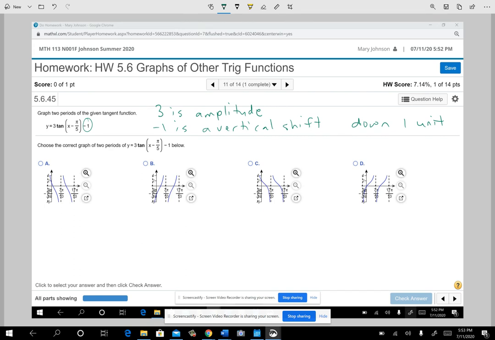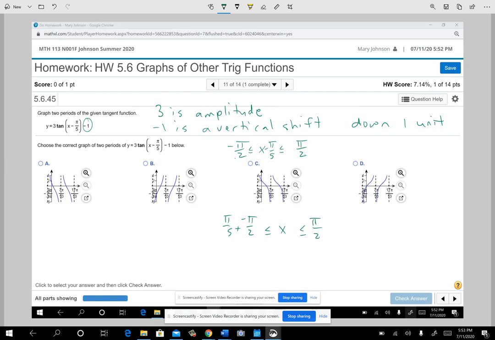And then with tangent, the typical tangent has asymptotes at -pi over 2 and pi over 2, okay? And so you're going to take your x minus pi over 5, that would be between those two. And so you'll add pi over 5 to both sides, all 3 parts.